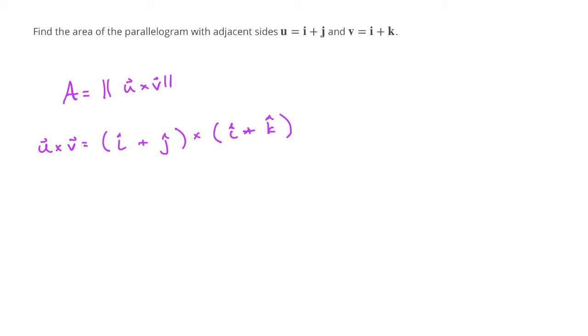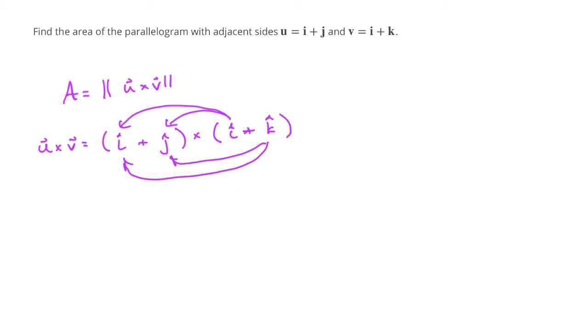Well, remember when we distribute here, we really have something that looks very FOIL-like. The only difference is that we have to be more careful that we maintain order in this case, because the cross product is not commutative.